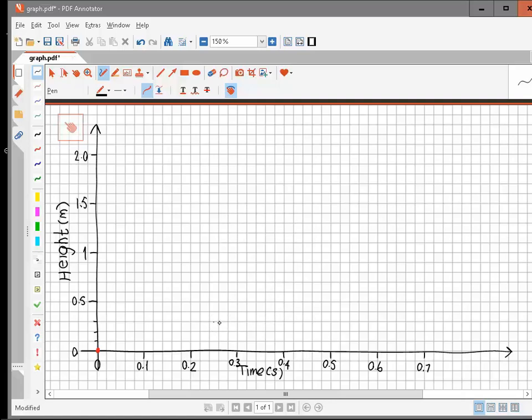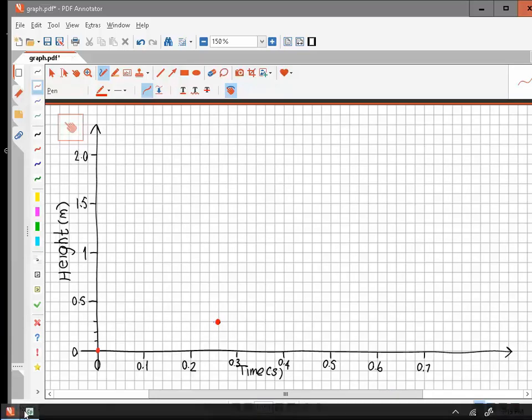Now the actual result is 0.264, but we cannot really manually plot it to that fineness. It doesn't really matter anyway, because there is some spread in the data that is greater than 0.004 seconds. So that's our second data point right there. Let me put that in red. There we go.